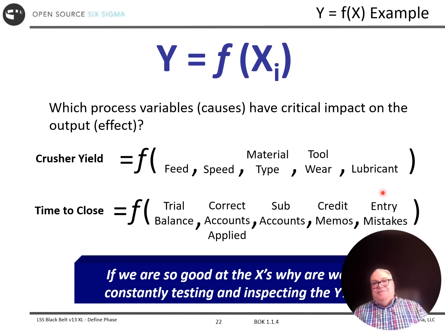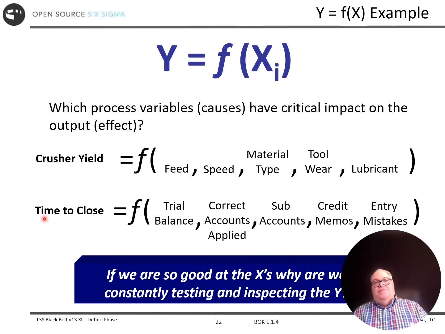And then finally, are there errors that find their way into the trial balance, and so on and so forth? And after a number of days of crunching and crunching, we fix these inputs, and that takes a certain number of days in order to perform that.